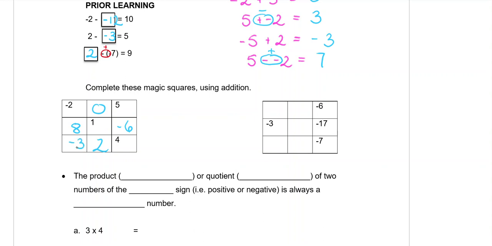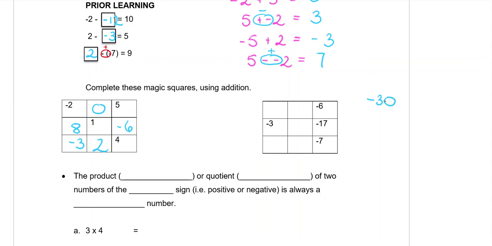The second one's a little bit trickier because the numbers are bigger. What is the total of each diagonal or vertical or horizontal? Does anyone work it out? You've got one complete row here. -6, -17, and -7. What does that make when you put them together? Roman? Yes, -30. So I'll write that over here on the side, -30.